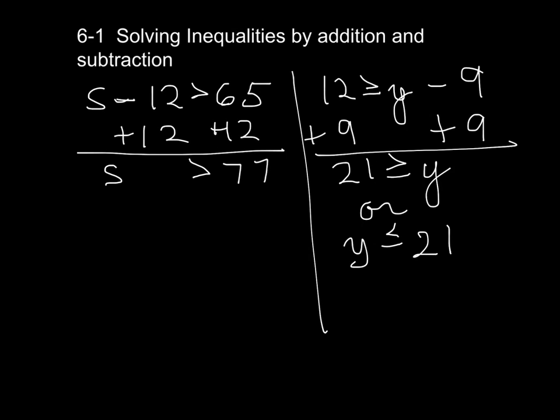Okay, one thing that will be just slightly different than what we have done in the past is that now we're going to be asked to graph the solution on a number line.